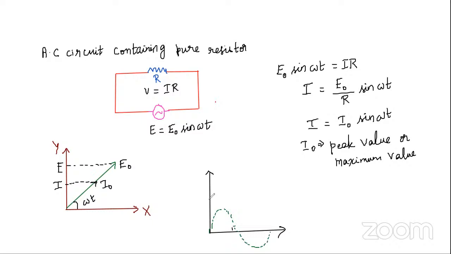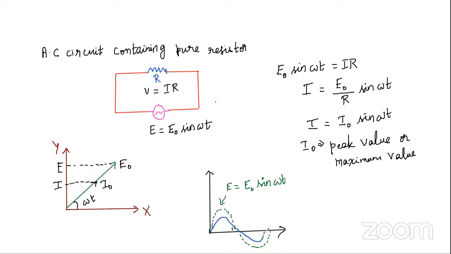So this is the EMF, E equal to E naught sin omega t, this green color dotted line. And let us represent the current by solid line.